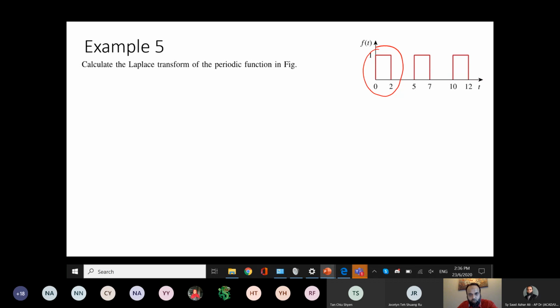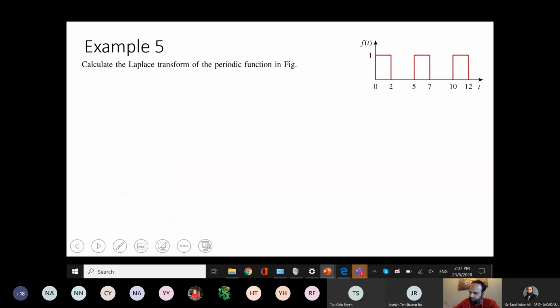Sharif, is it 2? Let's get a poll. Likes for 5 and likes for 2. Okay. Yes, it's 5. Basically, it is repeated after this time, not just this.